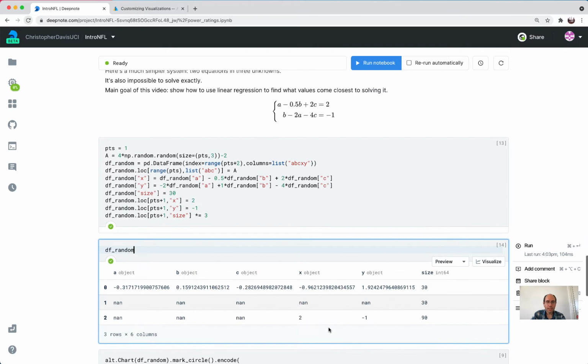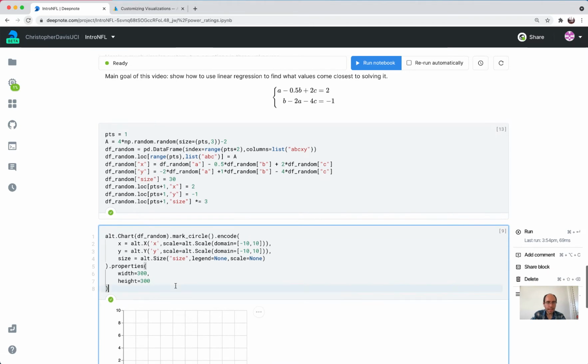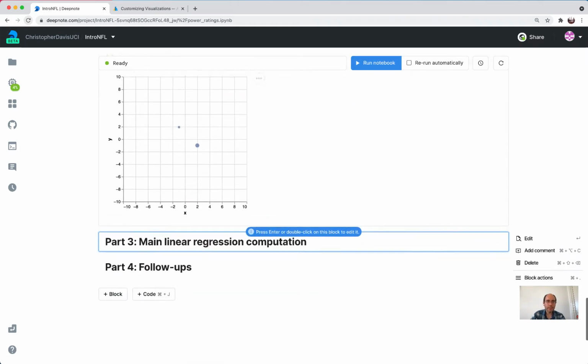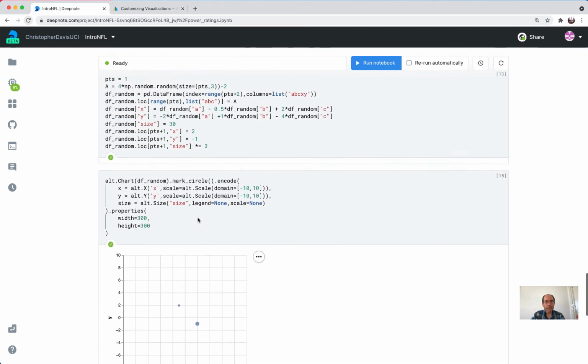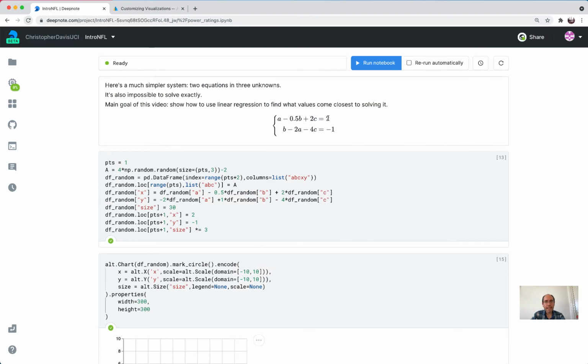Let's try looking at this. Let me delete df random and draw it using Altair. At this thicker point, that is what we're trying to reach. We want x equals 2, y equals negative 1.